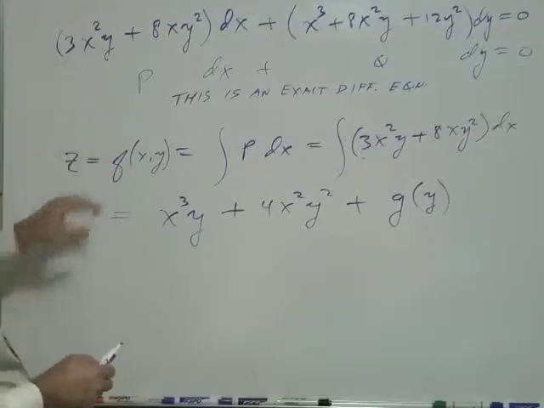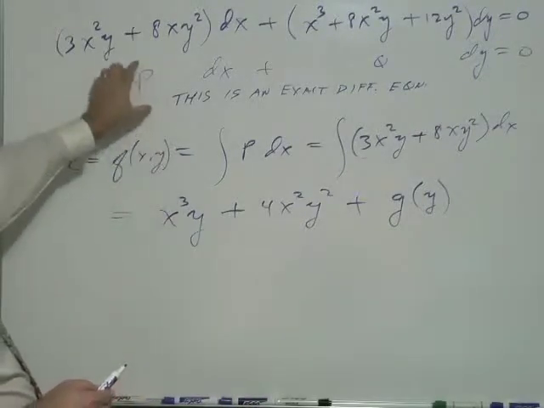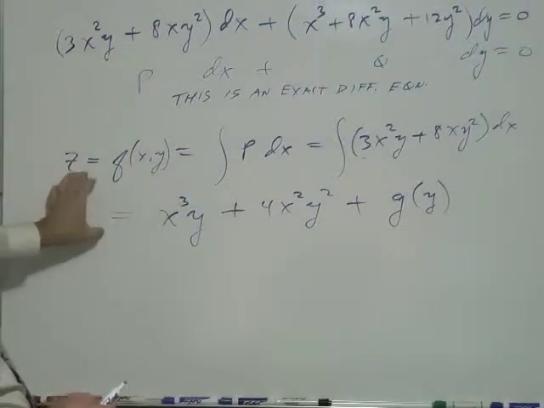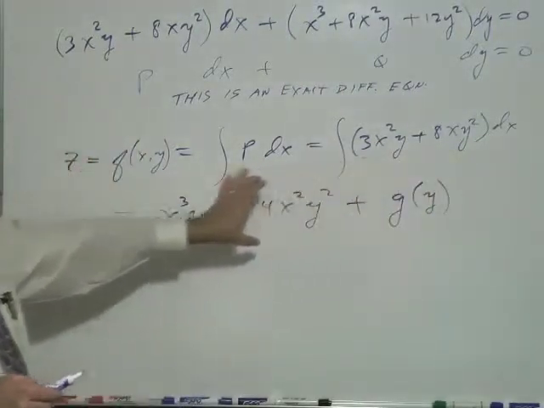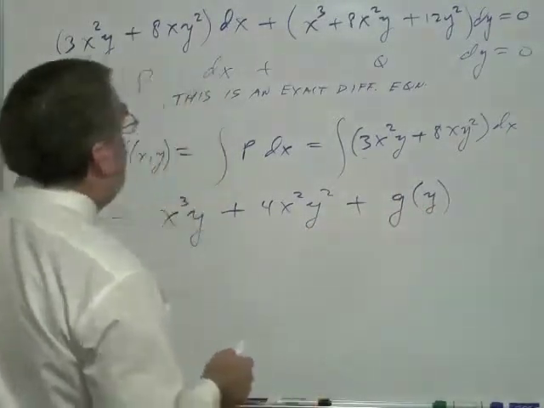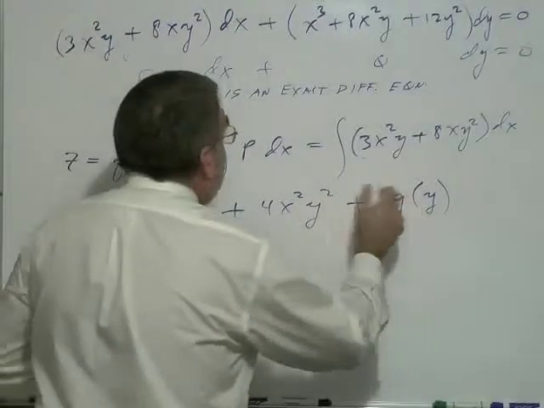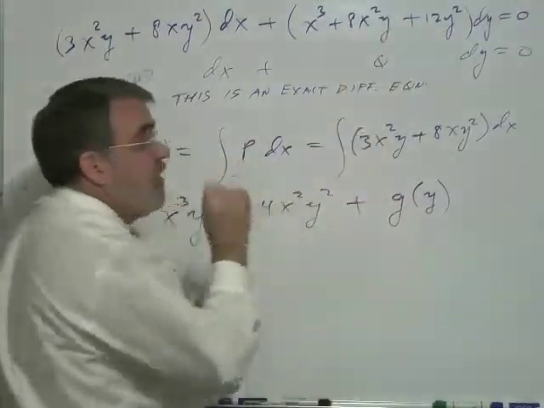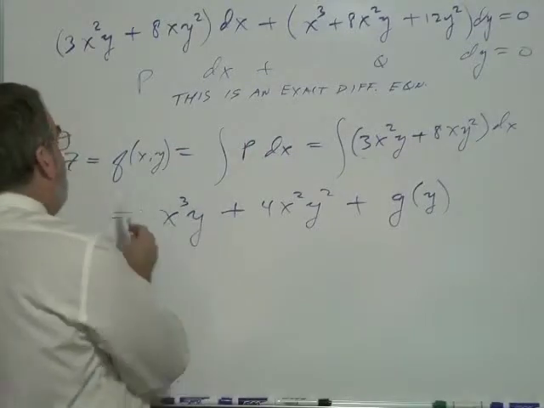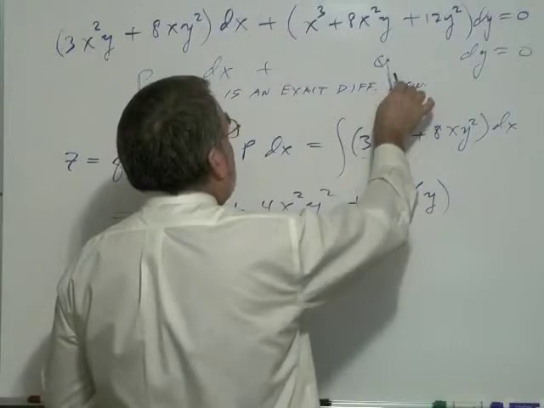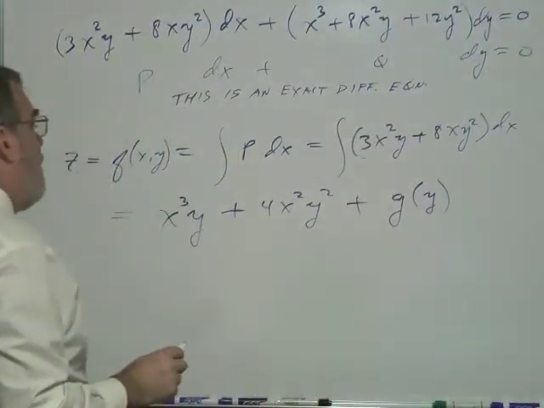Now, look what happened here. I took p, this part, integrated with respect to x, and I got my overall solution function: x cubed y plus 4x squared y squared plus g of y. But now, to figure out what g is, I need to take its derivative and set it equal to q. Because remember, the partial derivative of z, or f, with respect to y is equal to this function.